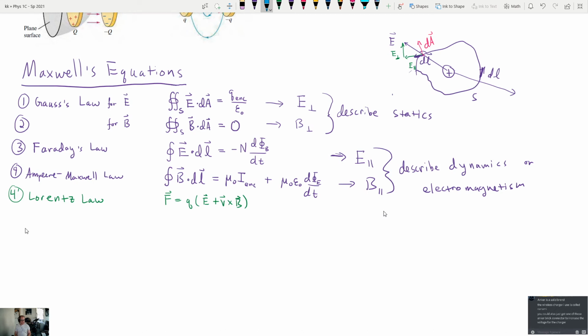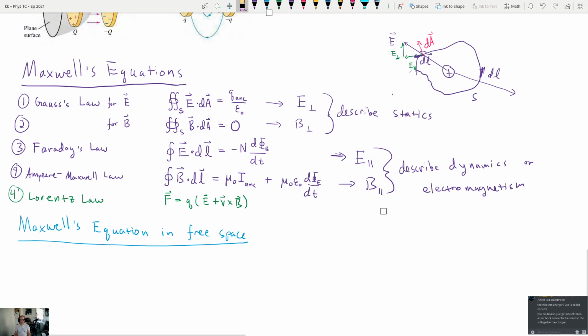So the next thing to say is, what happens if we take the same equations and we analyze how they work in free space? And by free space, what I mean is no currents, no charges, no magnetic poles.